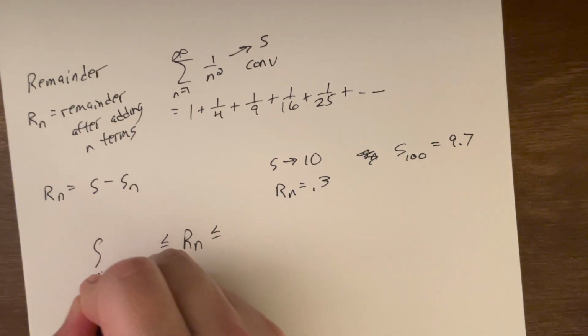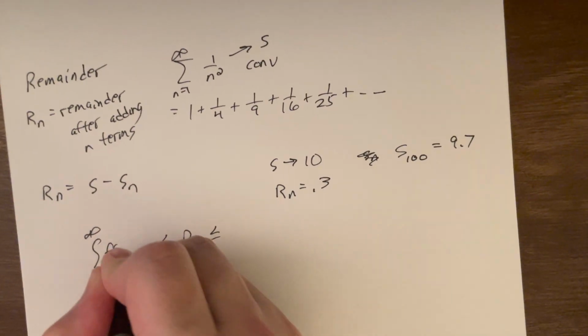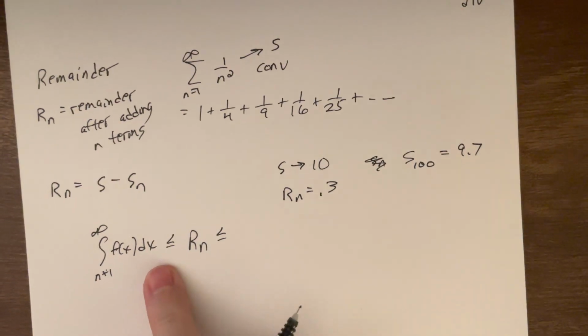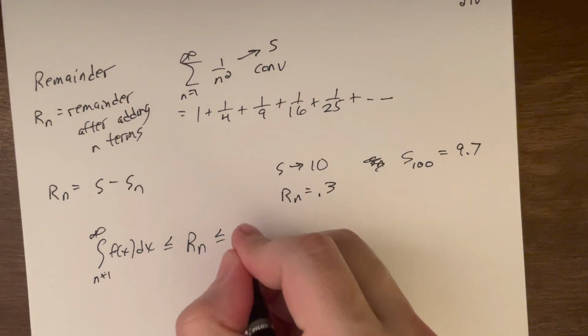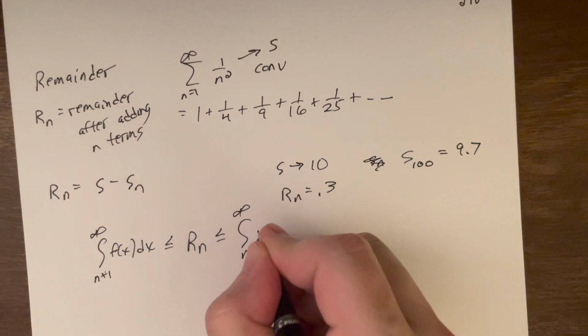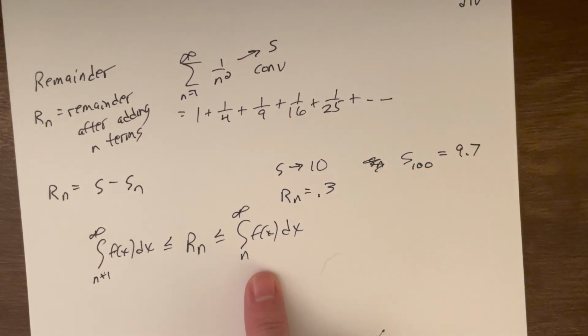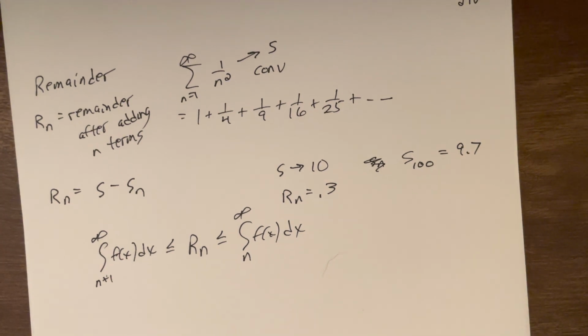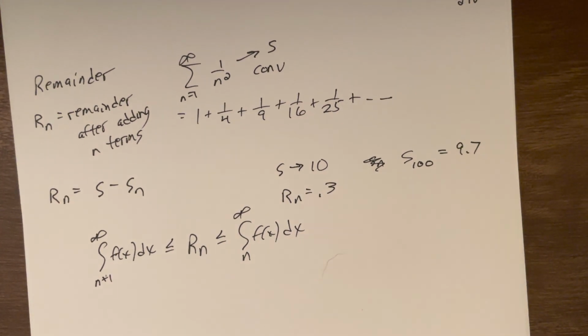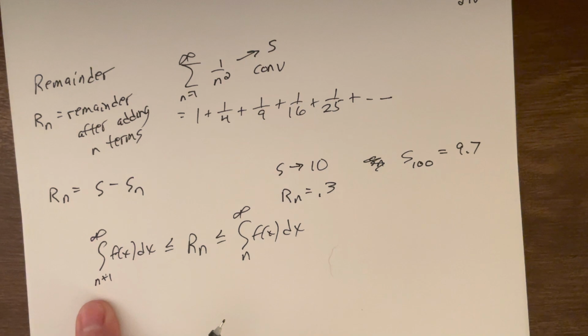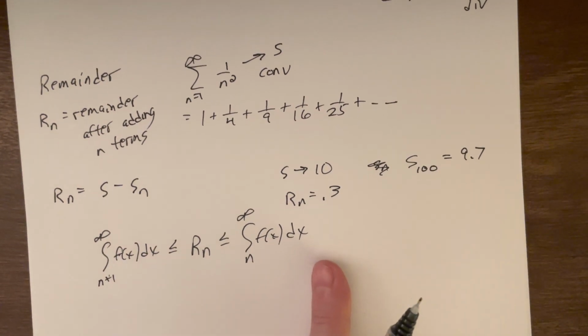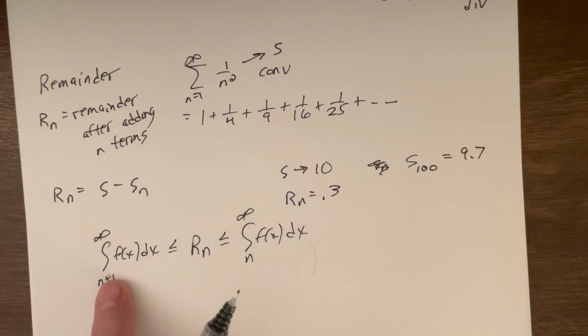The integral from n plus 1 to infinity of that corresponding function, and the integral from n to infinity of that corresponding function. Now we could talk about why this makes sense. It has a lot to do with just, again, going that extra term. If you start thinking about if n is 10 and now n is 11, you've gone one extra space further away.